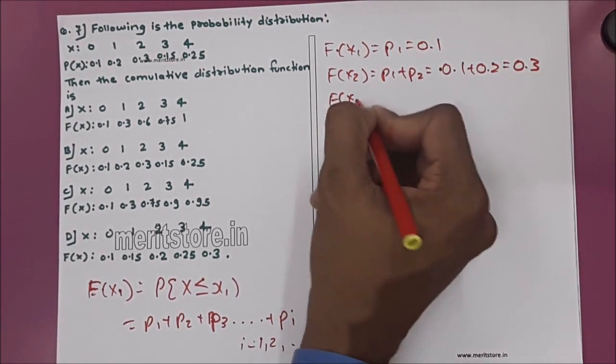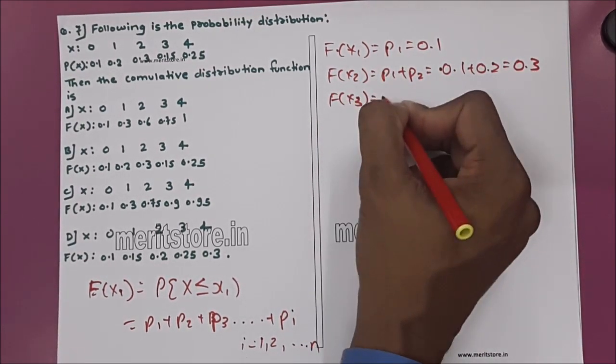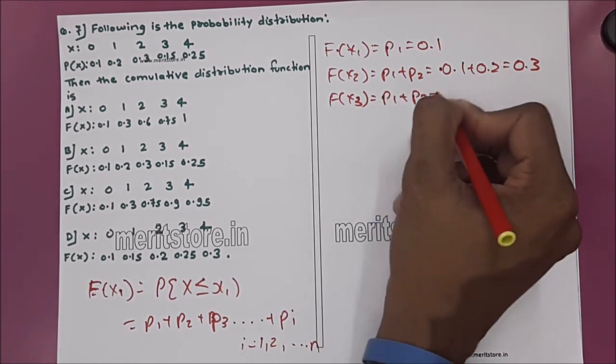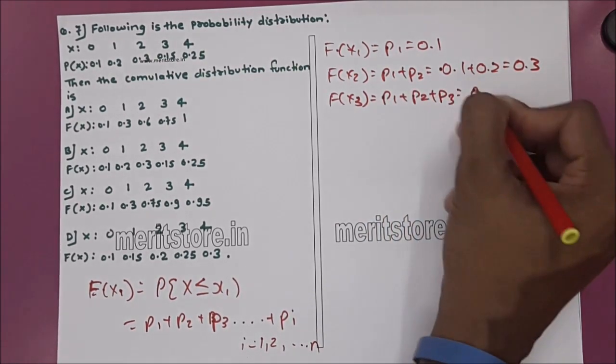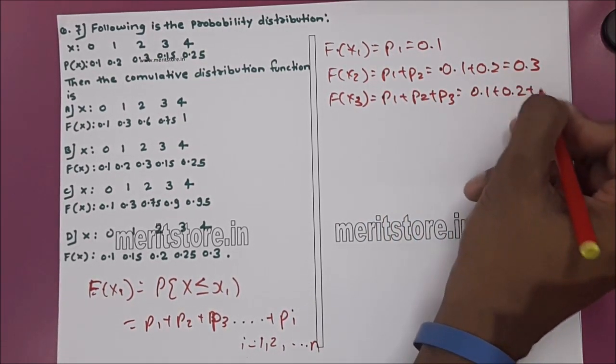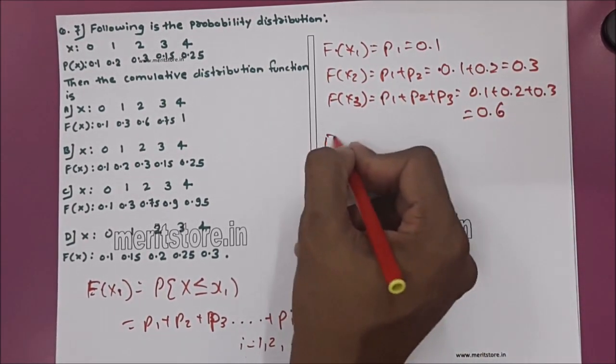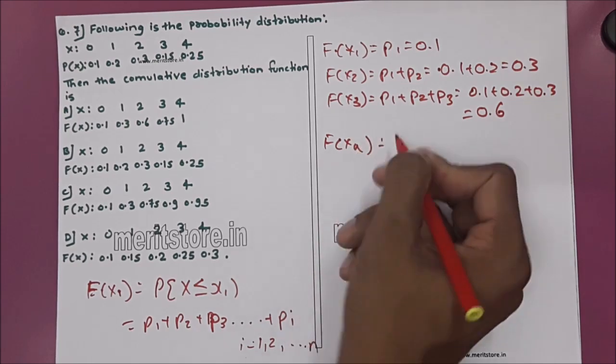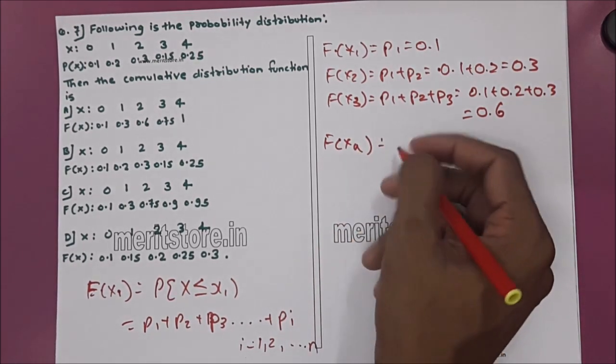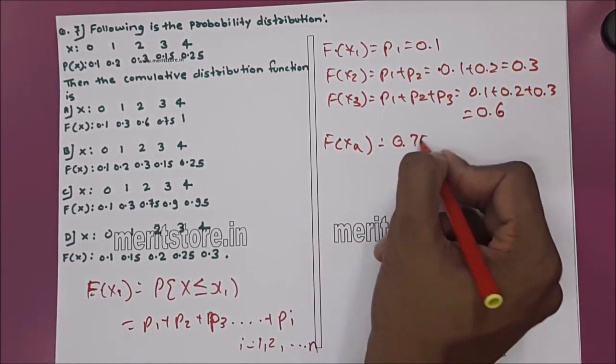For F(x3) is equal to p1 + p2 + p3, equal to 0.1 + 0.2 + 0.3, which is equal to 0.6. For F(x4), we add the probabilities, we get the value of 0.75.